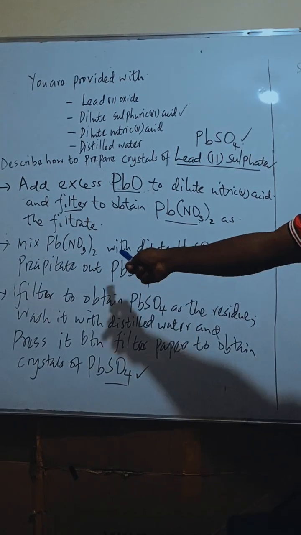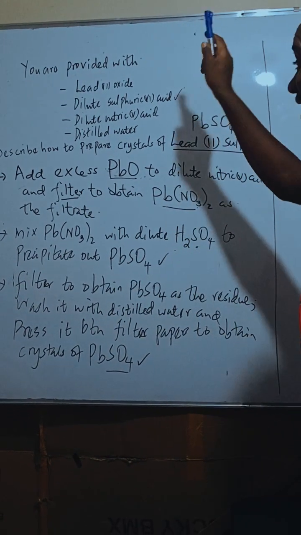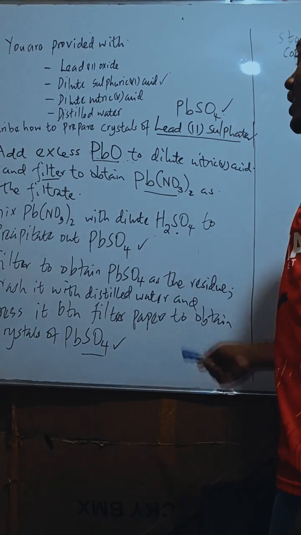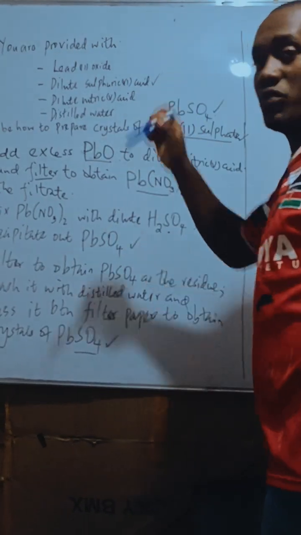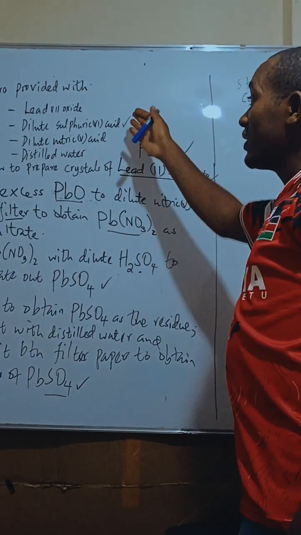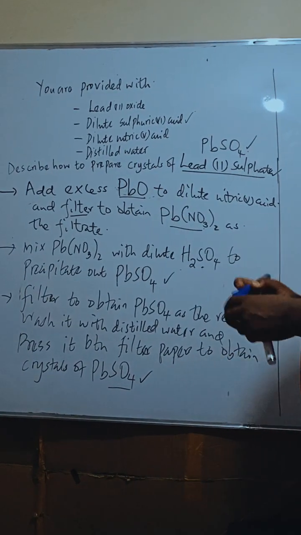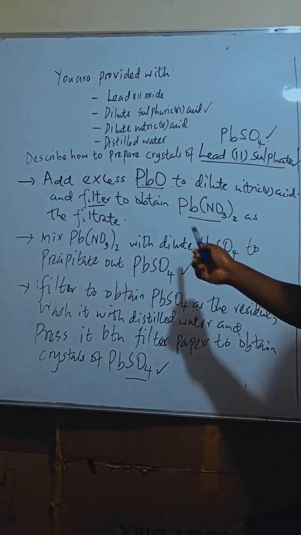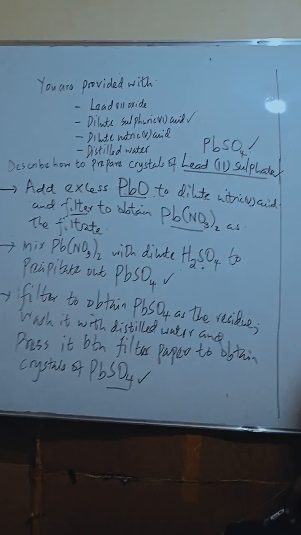Of course you can use sodium sulfate here, but you are provided with sulfuric 6 acid that contains sulfate ions, so you cannot use sodium sulfate. Therefore, mix lead nitrate with dilute sulfuric 6 acid to precipitate out lead sulfate.